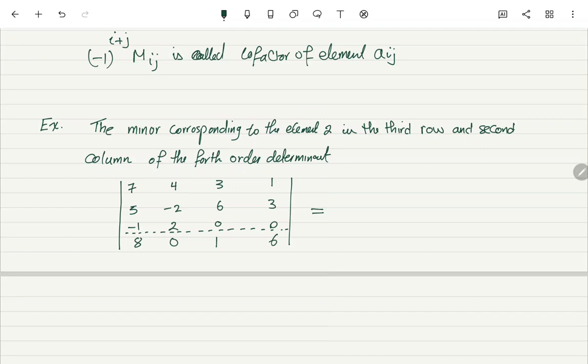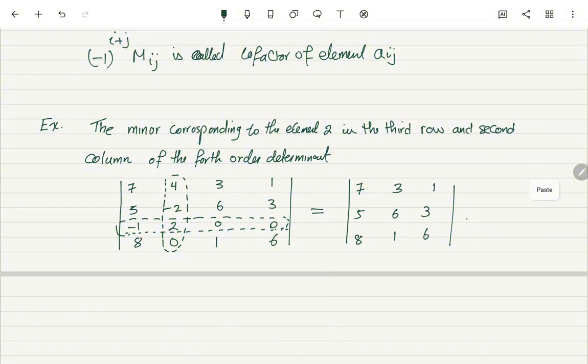And second column, this is the second column. If we cover this and cover this, the rest will be the minor. So in this case here, the minor will be a 3 by 3 determinant, and it should be 7, 3, 1, 5, 6, 3, 8, 1, 6.